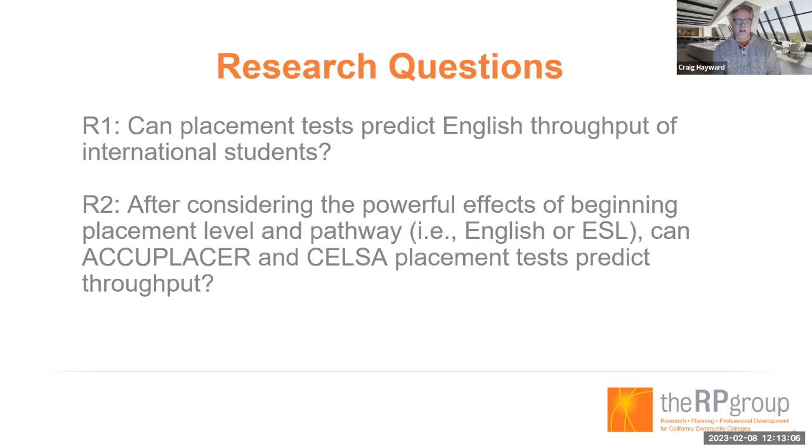And then after considering the powerful, almost determinative effects of the beginning placement level and the pathway, can AccuPlacer and CELSA placement tests provide additional power in terms of predicting throughput, a statistically significant enhancement to the model that predicts throughput?